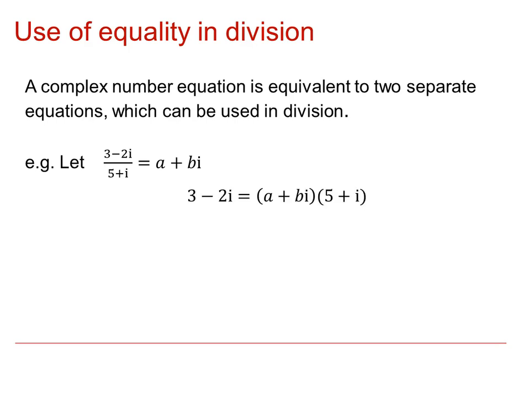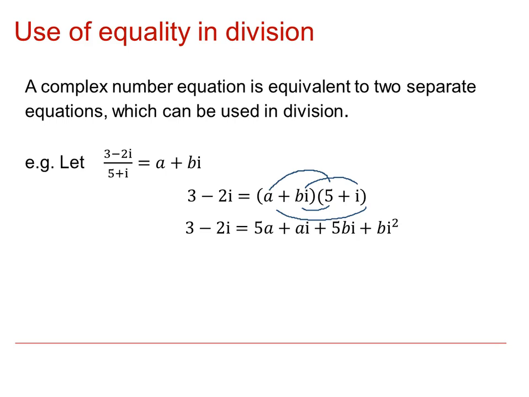Now, the right-hand side we can calculate in the usual way by looking at the first terms, the outside terms, the inside terms, and the last terms multiplied together. If we do that, we'll get 5a from the first term, 5bi and ai, and then finally b multiplied by i squared.